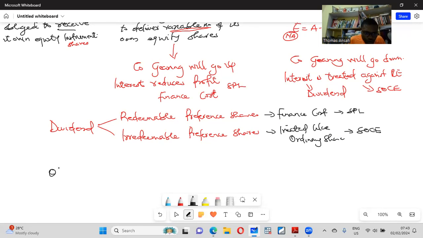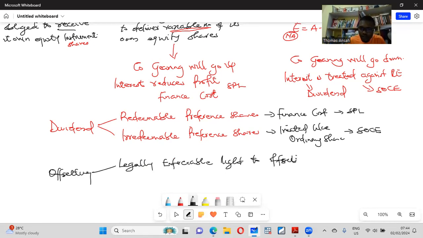Lastly, you are allowed to do offsetting only if you have a legally enforceable right to offset.